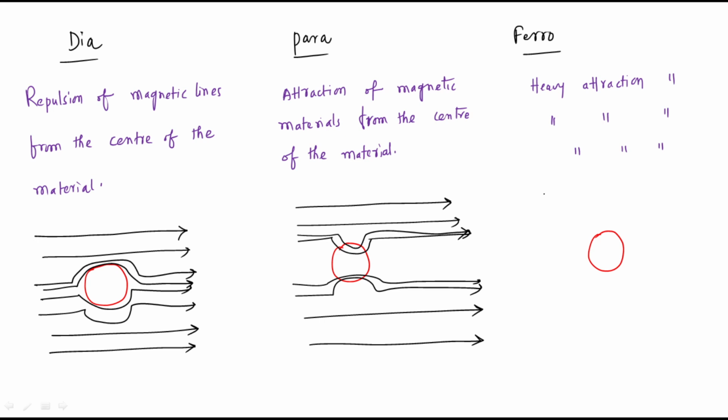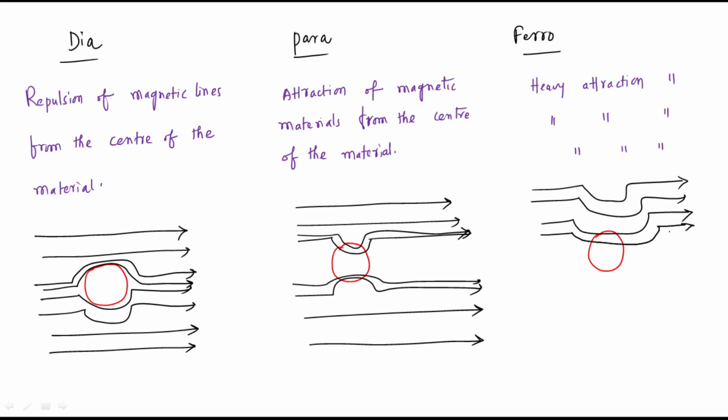But coming to ferromagnetic material, heavily attracted by the center of the magnetic material. So in this case the magnetic flux lines orientation is like this. This is another difference.